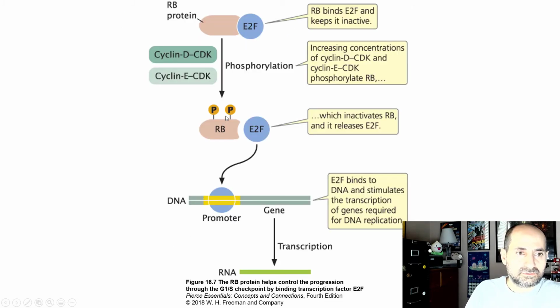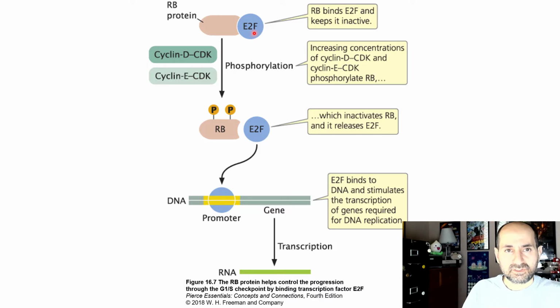Okay, so here is a gene. You want to activate the gene, but in order to do so, here's how it works. Let's start at the beginning. The retinoblastoma protein binds to another protein called E2F, keeping E2F inactive.